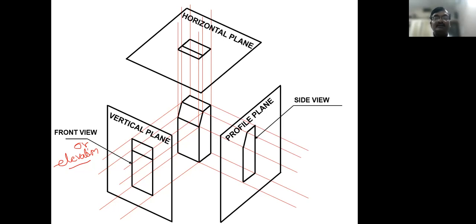Which side? The left or right hand side view, or it is called the right side view. You observe from the right side, so right side view, or right elevation, side elevation, like that. And on the horizontal plane, the view formed is the top view.